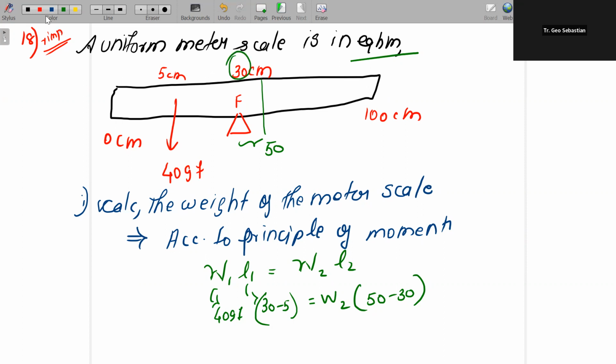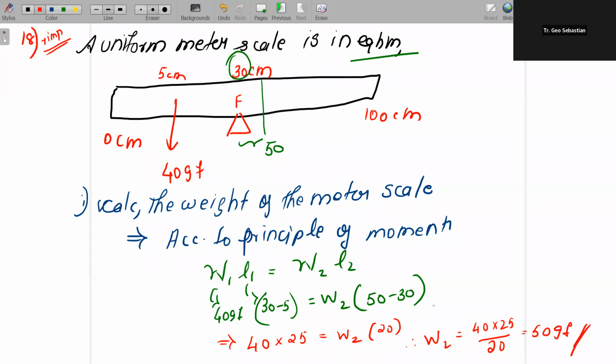So you will get 40 into 30 minus 5, that is 25, equal to W2 into 20. Therefore, W2 is equal to 40 into 25 divided by 20. Finally, you will get 50 GF, gram force.